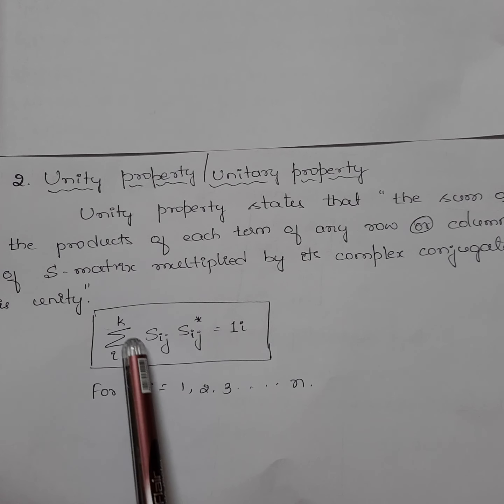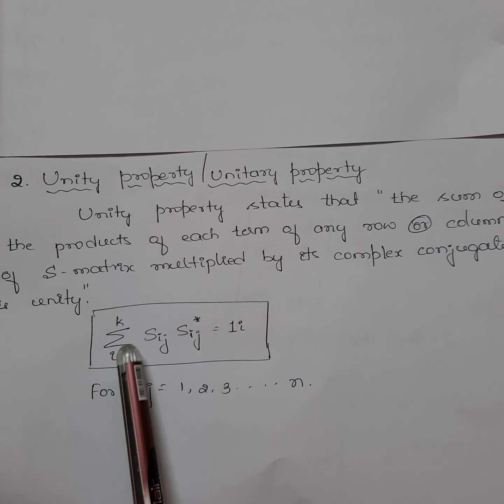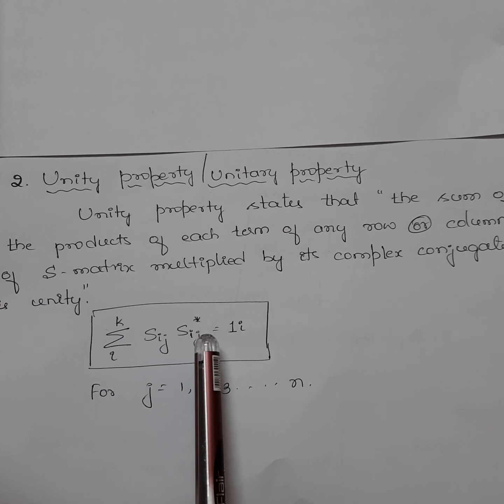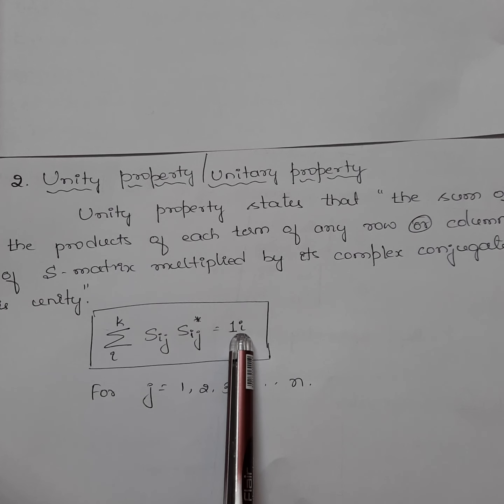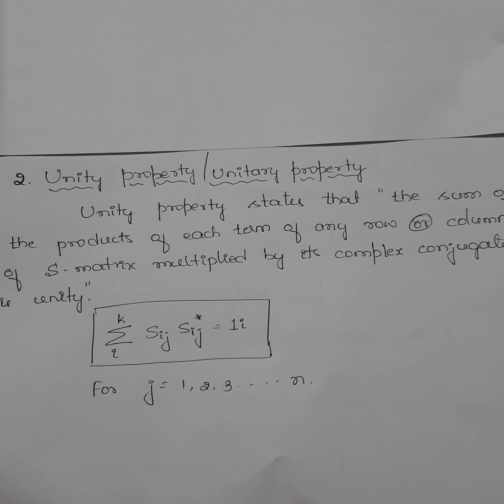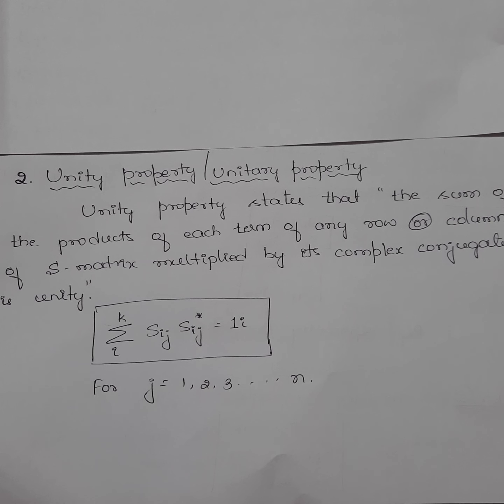So the summation of Sij into the complex conjugate of Sij is going to be equal to 1. Understood? This is the second property.